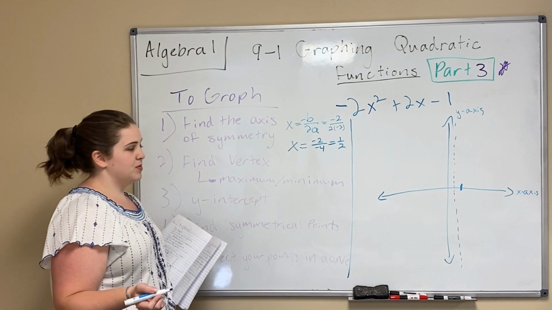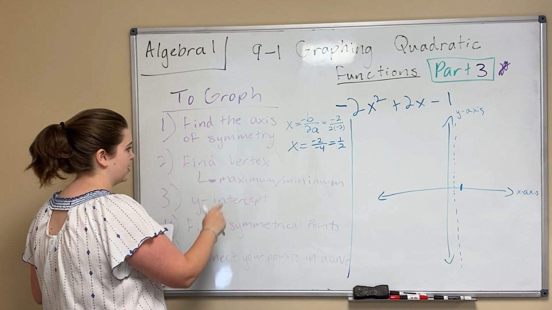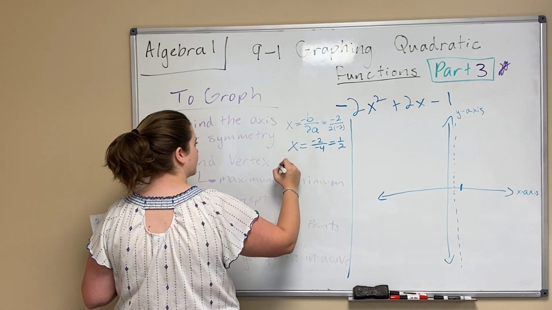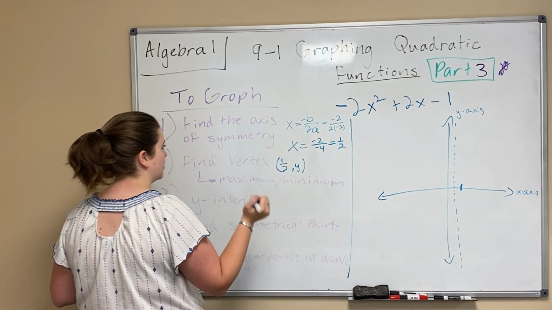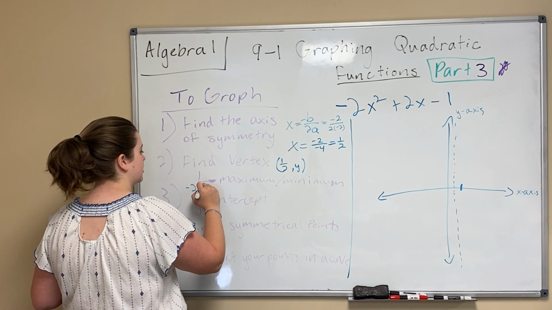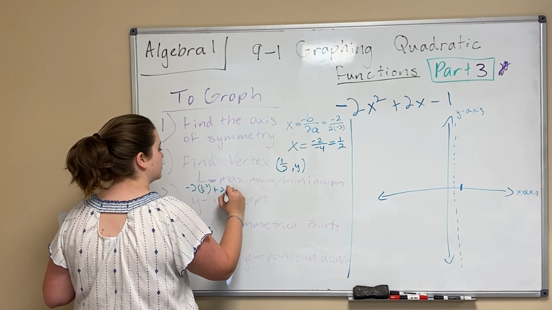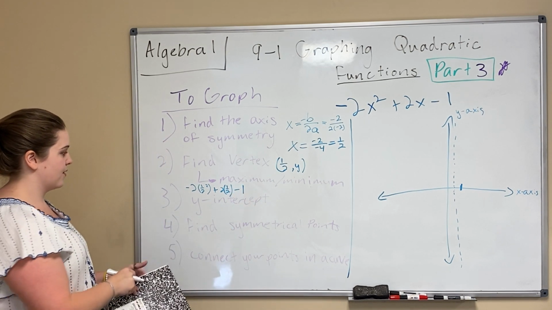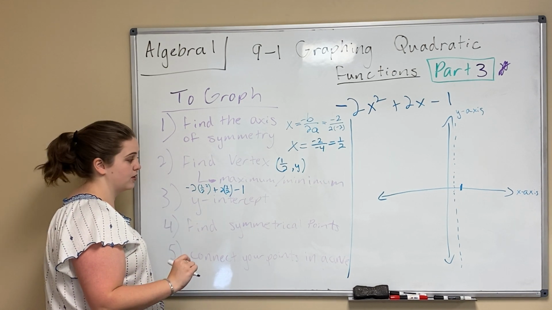Now what I know about my axis of symmetry is that it runs straight through the vertex of my graph. So that's going to be the x value of my vertex. So finding my vertex, I'm going to take my x value when x is 1/2. What is y? So I'm going to plug that into my main equation: negative 2 times 1/2 squared plus 2 times 1/2 minus 1. Okay, so 1/2 squared is 1/2 times 1/2, which is 1/4.